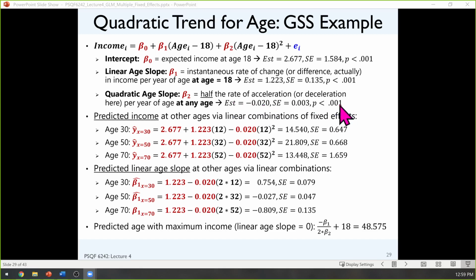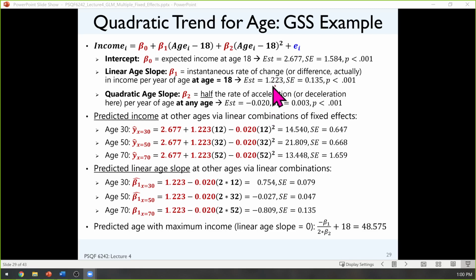That is also significantly different than 0, significantly negative. So for every year older you are, the linear slope of age becomes less positive by 0.04, twice the quadratic. The linear slope of age starts out positive and becomes less positive by 0.04.